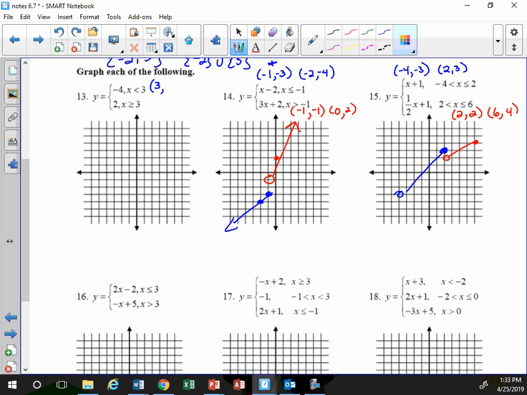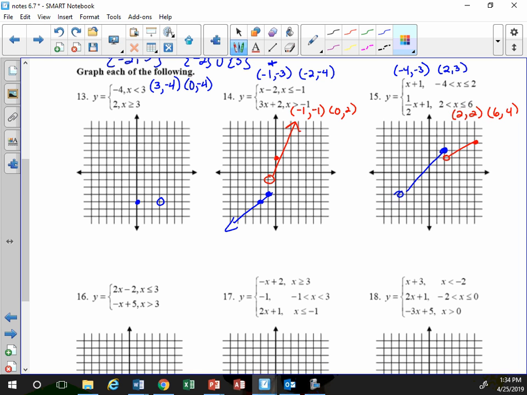There's just nothing to do with it. Let's go 3, -4, open or closed? Open. Then it says give me an x value less than 3. What would you like to do? 0 works. And what is my y value? Still -4. Because what kind of line is this, guys? It's just a horizontal line.